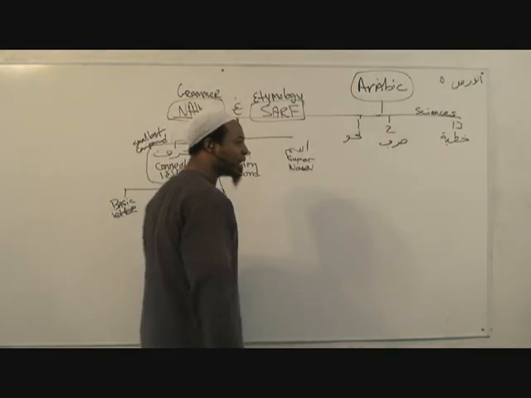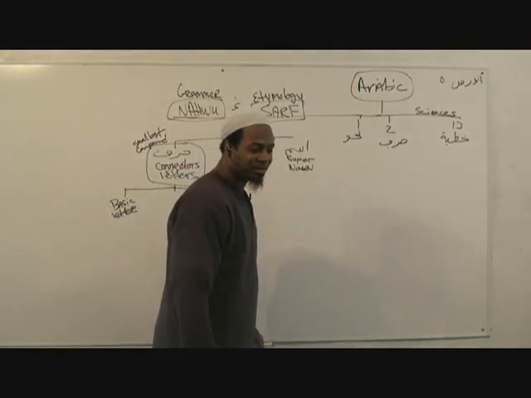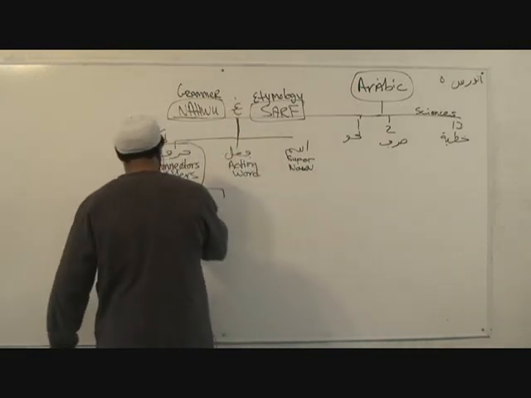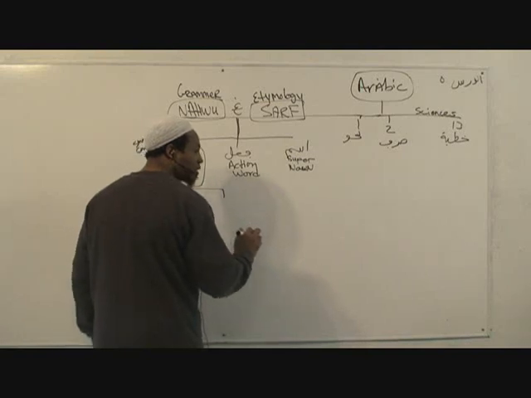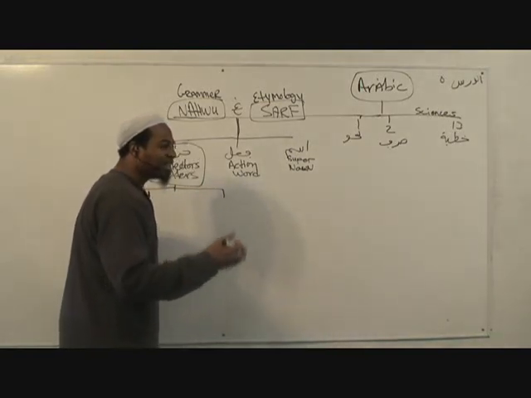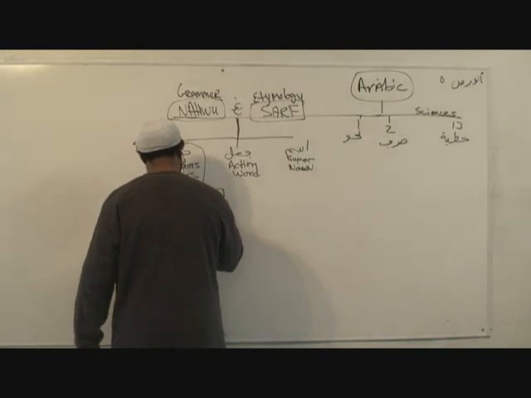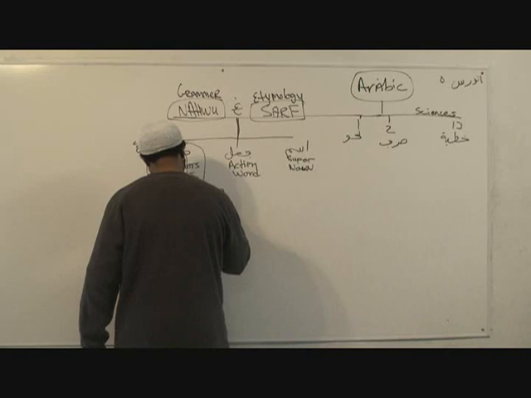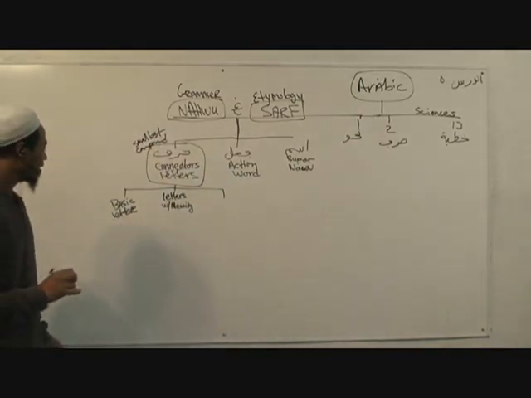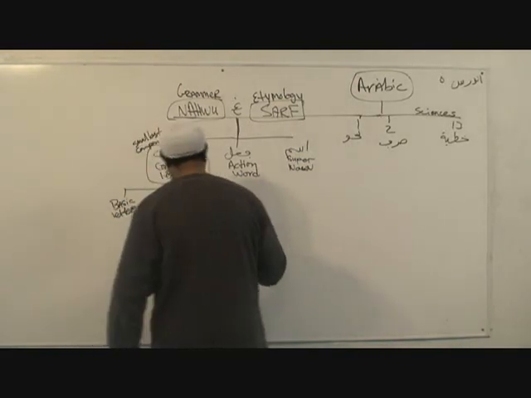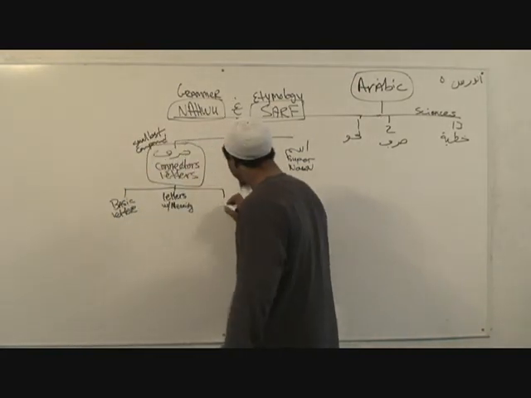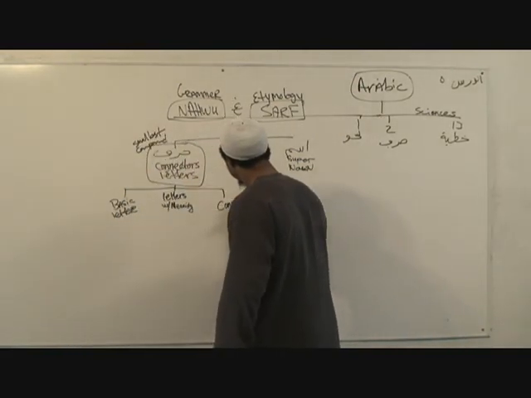The second one is the letters with meaning, the different meanings. Okay? Letters with meaning. Then the third part of harf is the connectors.